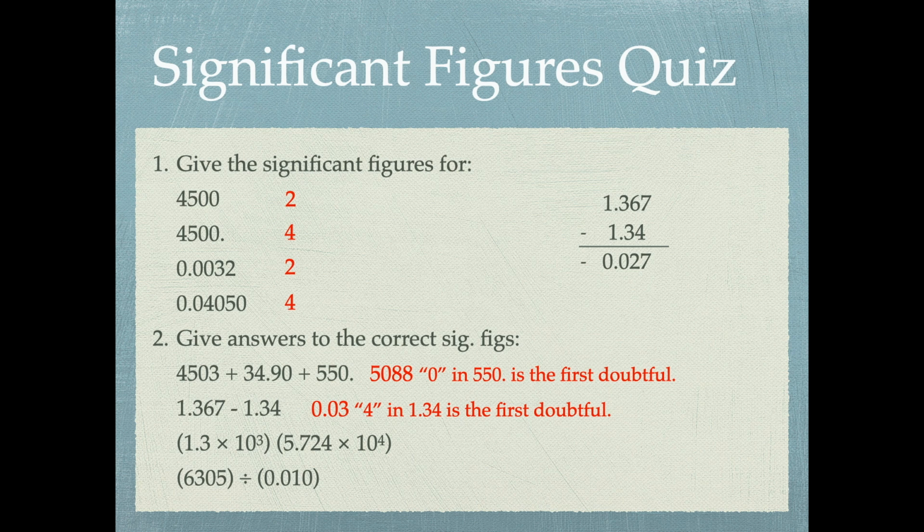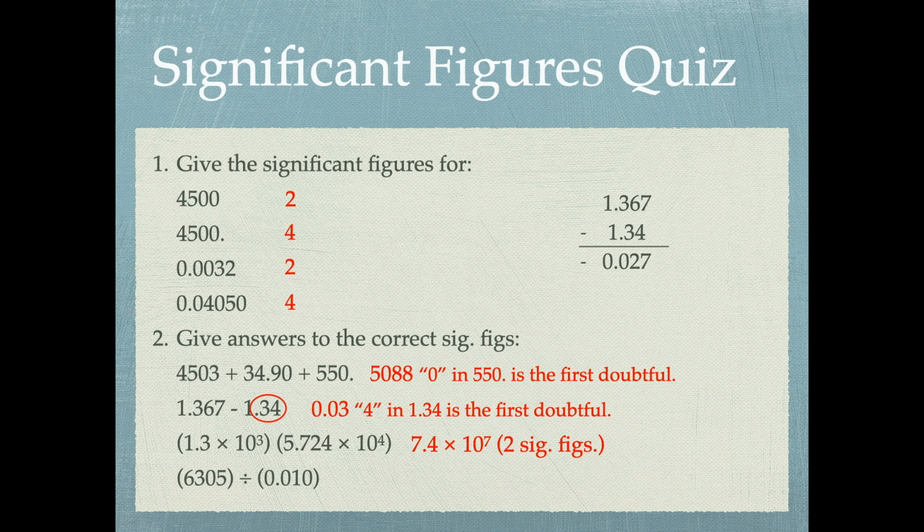Here's the answer to the first one here. Oops, sorry, I had a little thing there for 0.34. That's important. Okay, here's the answer. 7.4 times 10 to the 7. I kept it in scientific notation. I get to keep 2 sig figs. Why do I get to keep 2?